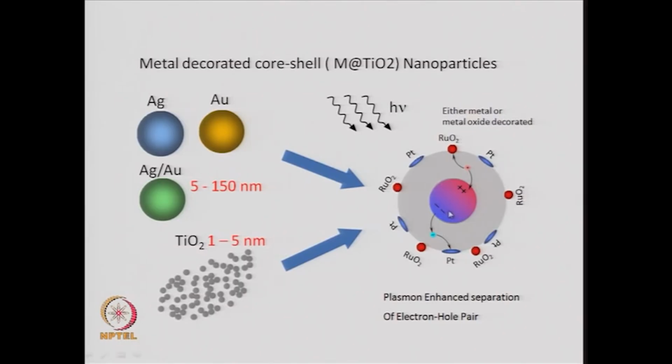and then the hole will remain inside the core of the core shell nanoparticles. So, this is a very efficient and interesting design of core shell metal oxide nanostructures, where you have 3 materials designed.